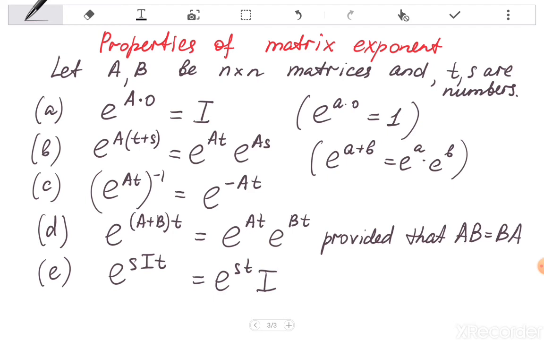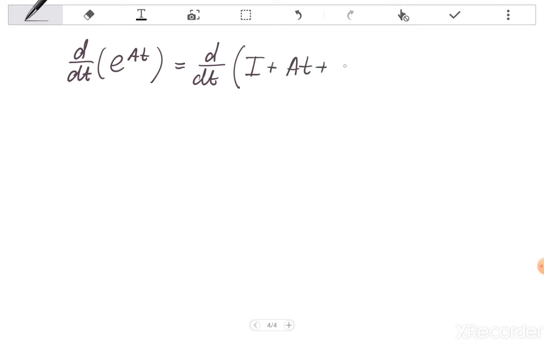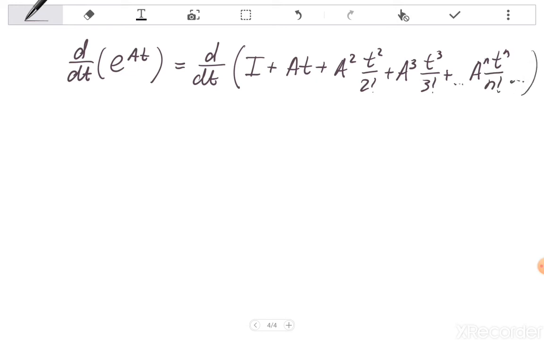And the next property, which is also important: let's find the derivative of e to the At. What we do is we just use the definition. So this is a series: I plus At plus A squared t squared over 2 factorial plus A cubed t cubed over 3 factorial plus and so on, somewhere here we have A to the n, t to the n over n factorial, and so on. So we have to differentiate the series.